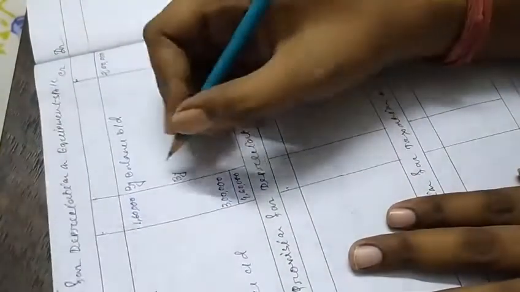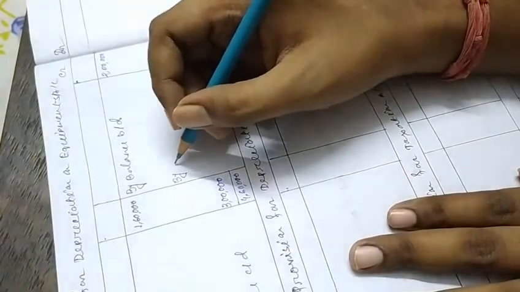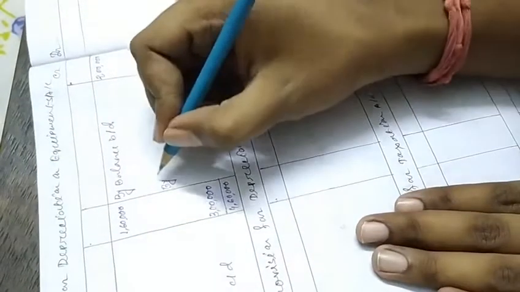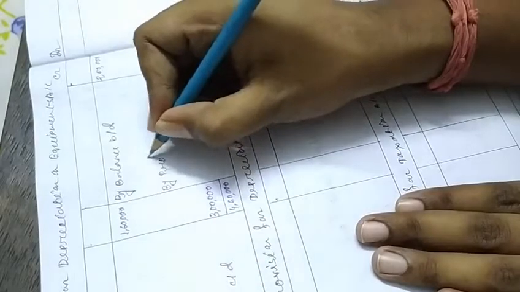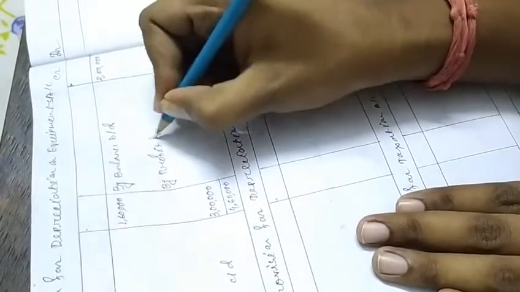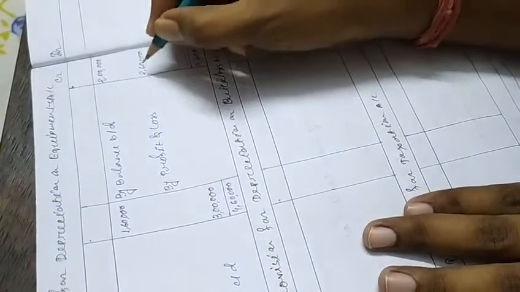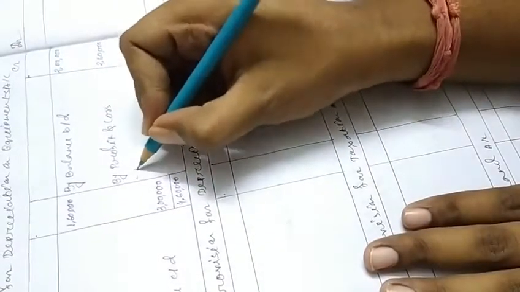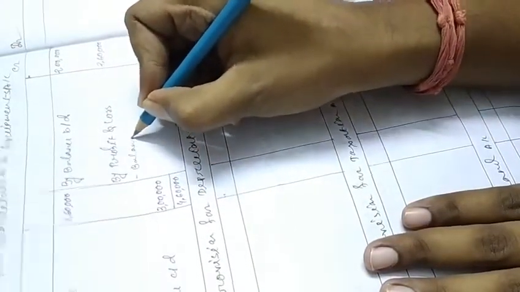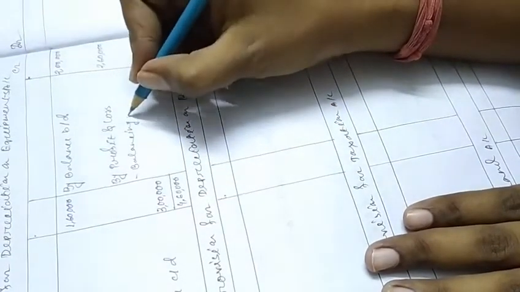So the balancing figure will transfer to profit and loss, that is 2,60,000. So it is the balancing figure of the ledger account of provision for depreciation on equipment. Okay.